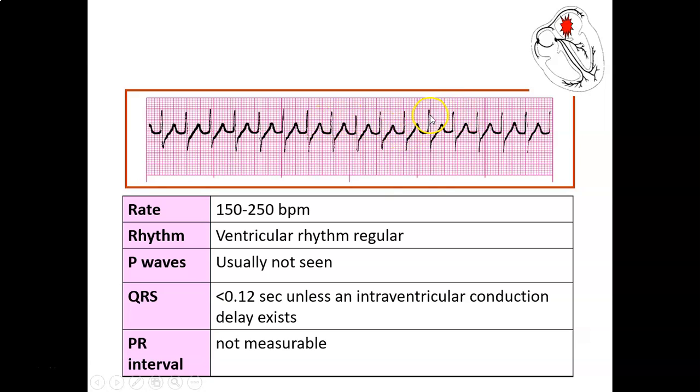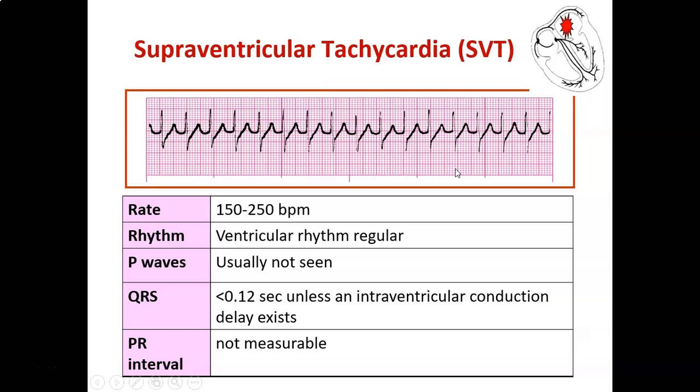It means coming from one source. No P wave. The QRS complexes are narrow. Narrow means coming from the atria, and no PR interval. So this is your supraventricular tachycardia or SVT.